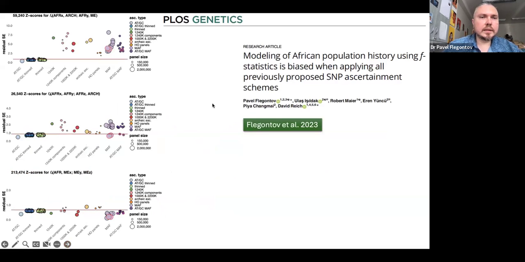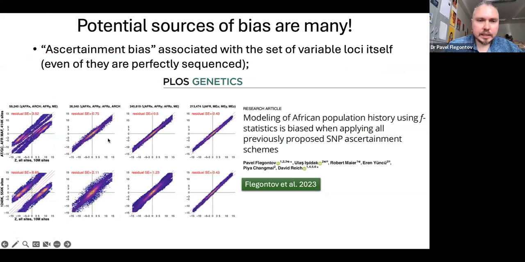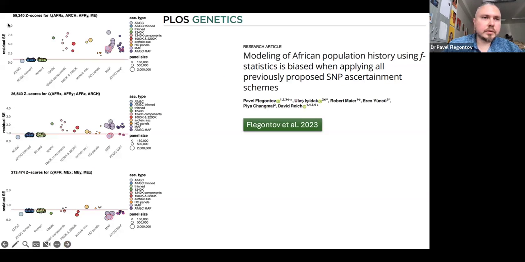Then we can move one level further from F statistics, and instead of these scatter plots, look at residual standard errors. So look at basically the magnitude of deviation from the diagonal in these scatter plots and plot it on the y-axis, and then compare various types of ascertainment.